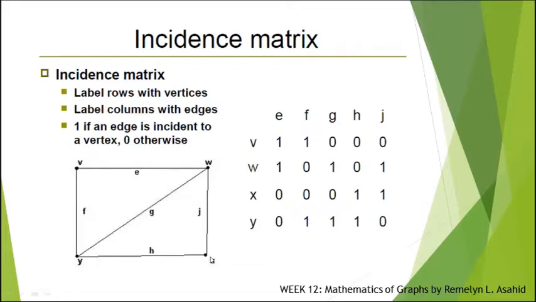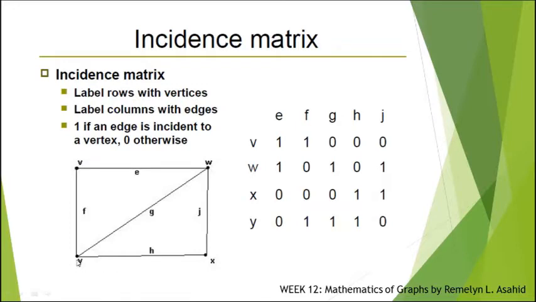For X, E, F, and G are not incident to the vertex, so 0. 1, 2, 3. Then H and J are incident, so we have 1 and 1.